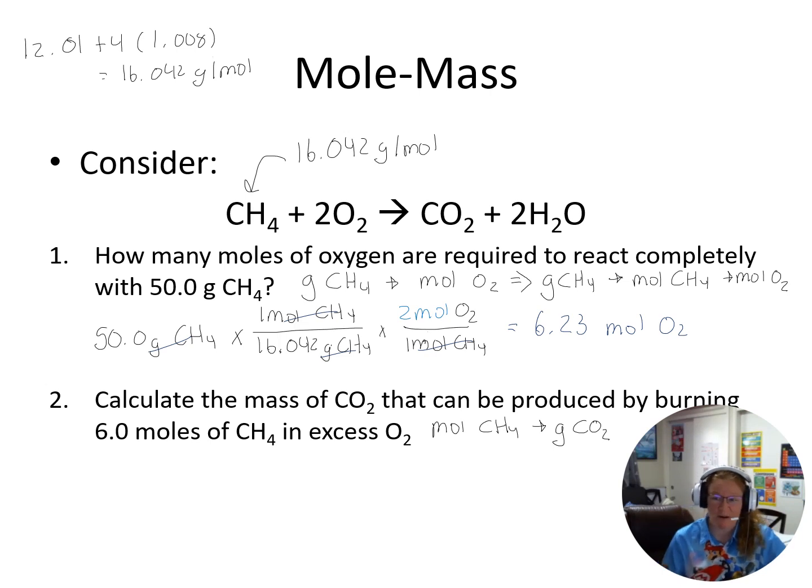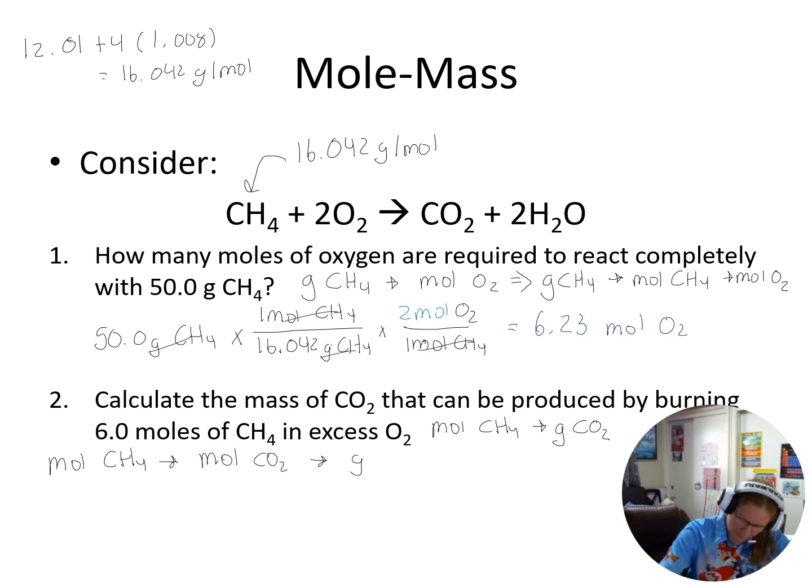So we have to go from moles of methane to moles of carbon dioxide, and then we can go to grams. So moles of methane, moles of carbon dioxide, to grams. Okay, so moles to moles, we'll use our balanced equation, and then moles to grams, we need the molar mass. So for carbon dioxide, it's 44.01.